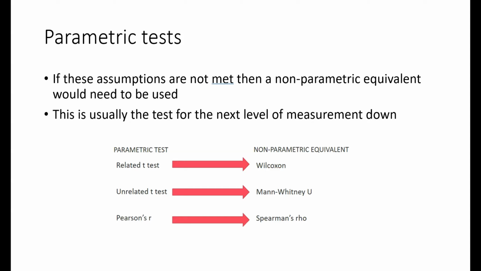So if you wanted to do the related t-test but you had skewed data, then you would use Wilcoxon. If you couldn't use the unrelated t-test, then you would use Mann-Whitney. And if you couldn't do Pearson's, then you would use Spearman's instead.